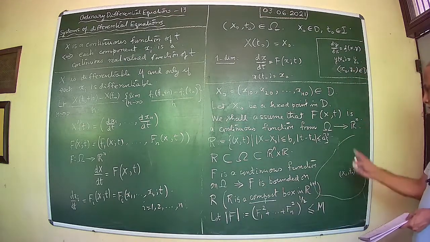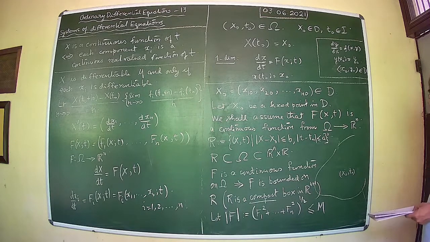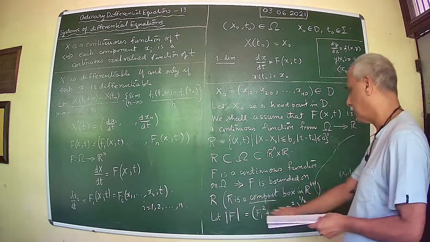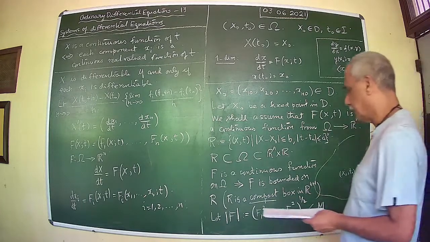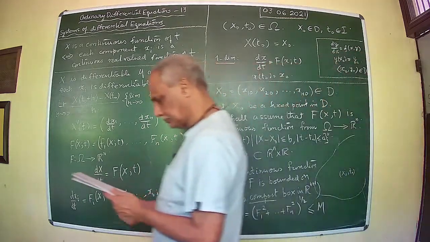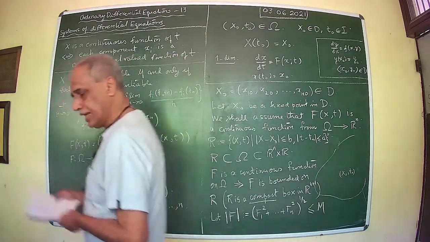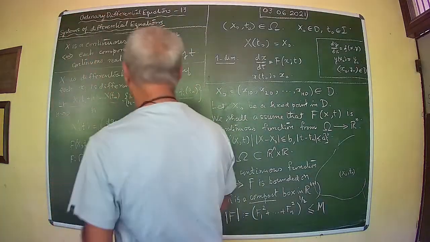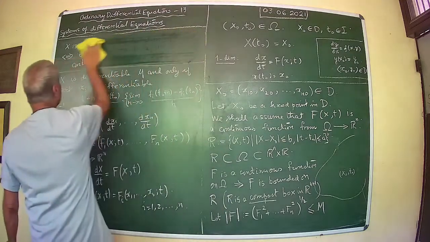In other words, on this box F is a bounded function. Now we define an approximate solution of the initial value problem.